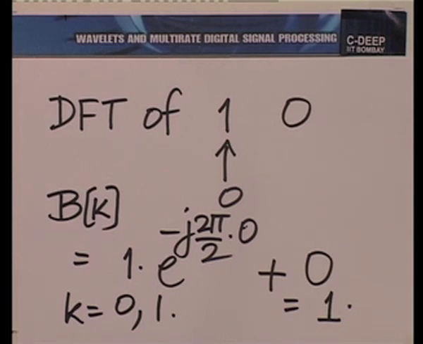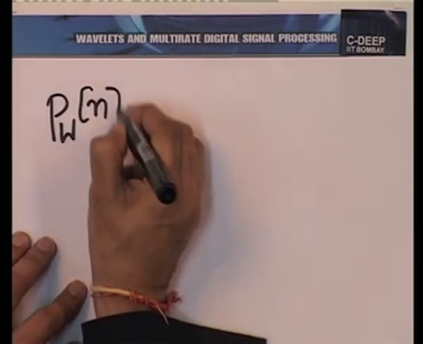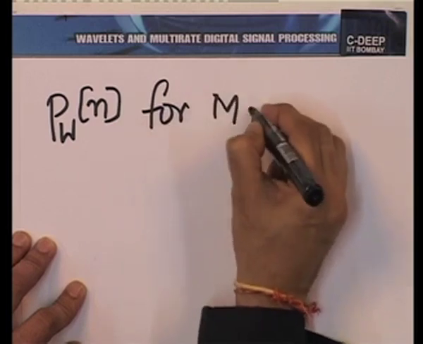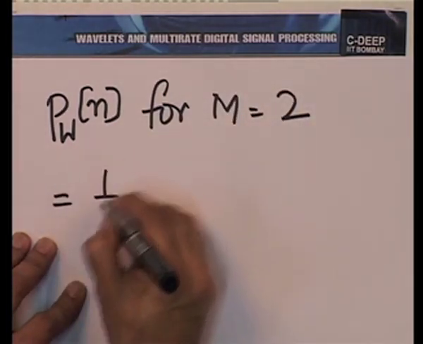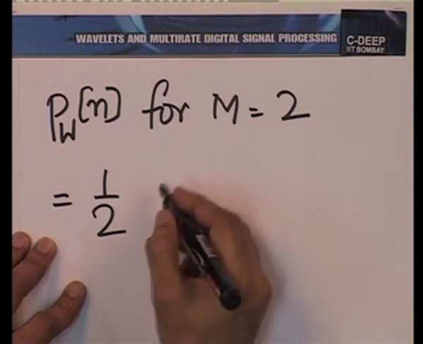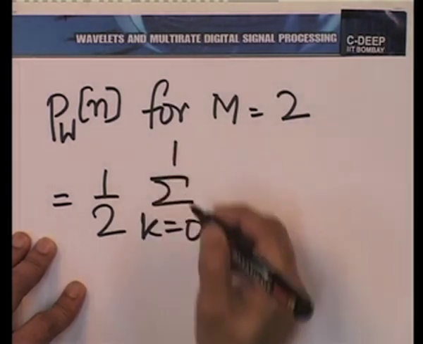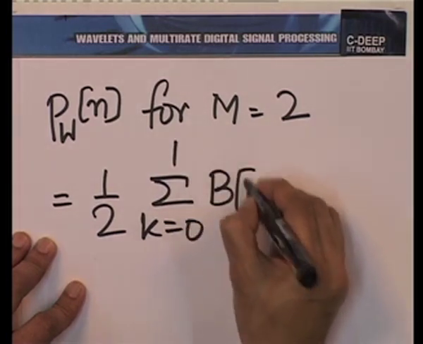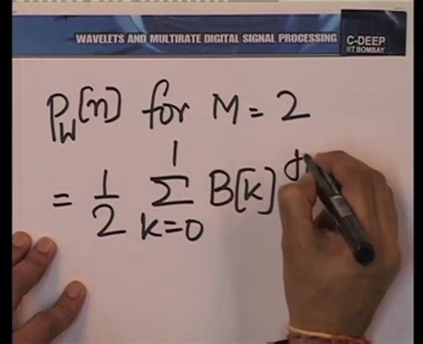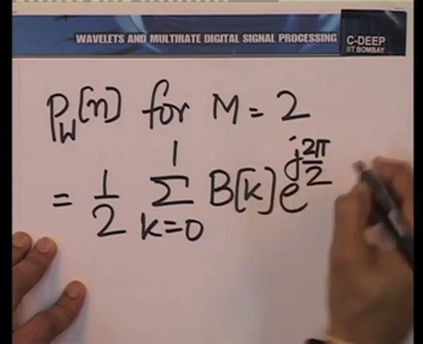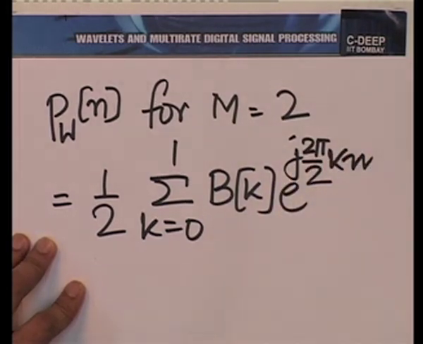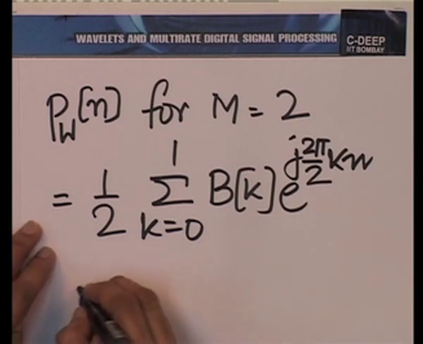And how do we reconstruct this periodic sequence p n then? For M equal to 2, it is reconstructed using the inverse discrete Fourier transform. So, it is summation k going from 0 to 1 b_k e raised to the power j 2 pi by 2 times k n, and that is easy to do.